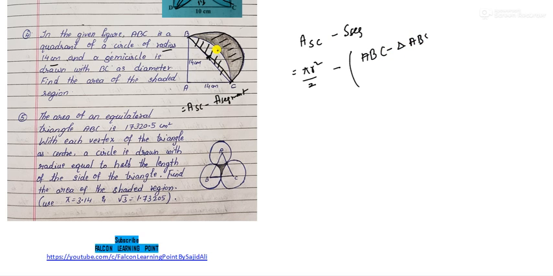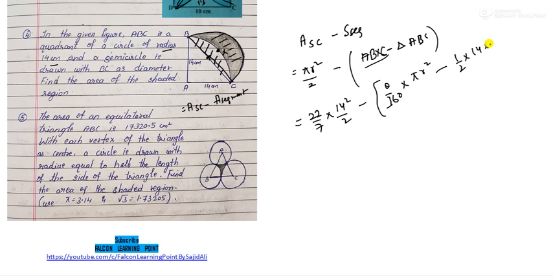If I name this as X, ABXC. So this is how you have to do. So 22 by 7 into radius is 14 square divided by 2 minus this is theta by 360 into pi r square minus half into base into height.